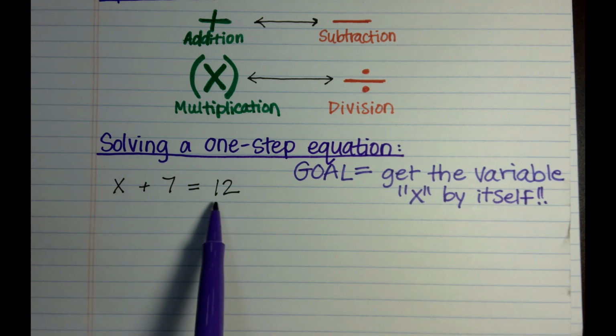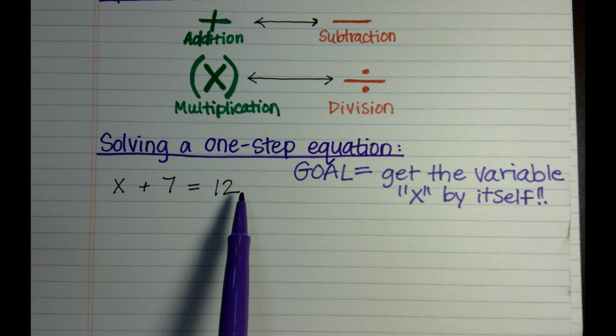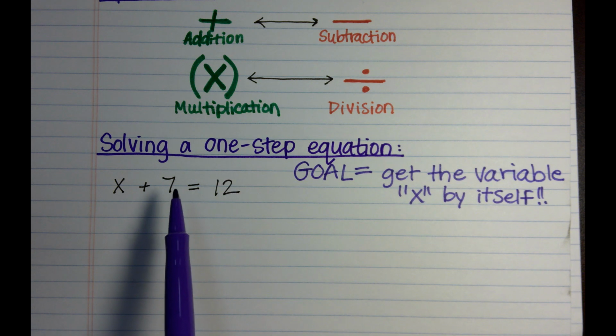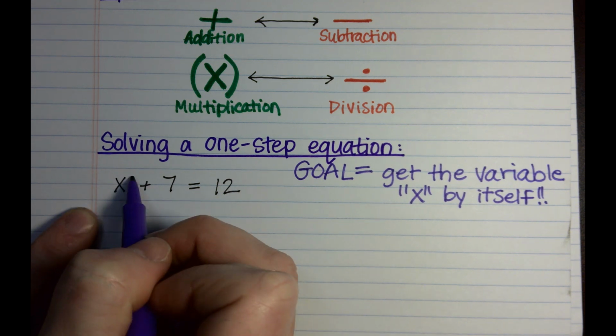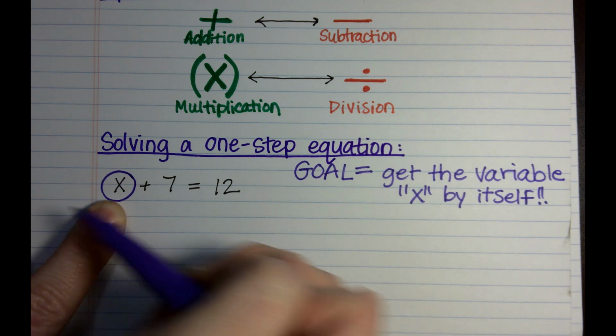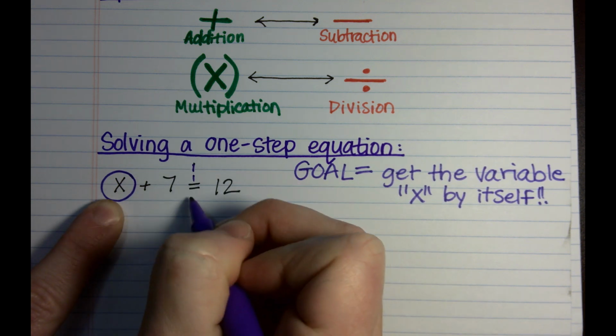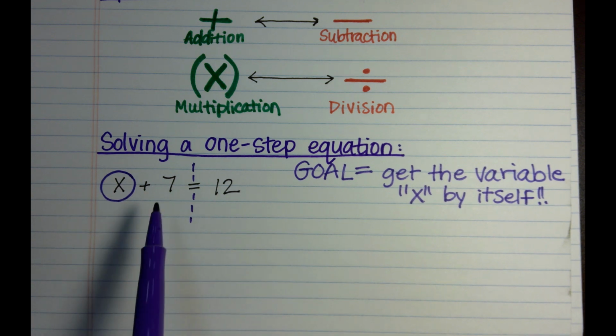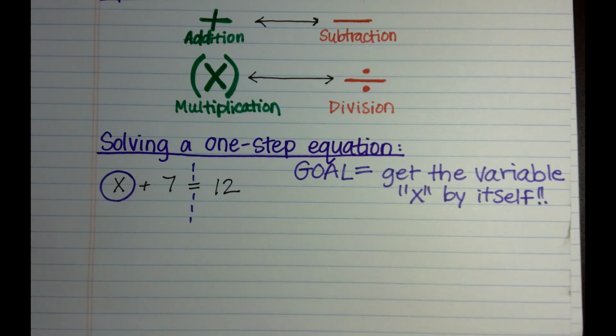So if I were to get rid of 12, for example, if I subtracted 12 from both sides, that doesn't help me get x by itself. It just puts more stuff over there with x. We want this to be the only thing, x, on this side of the equal sign. So we're gonna use what we call inverse operations.